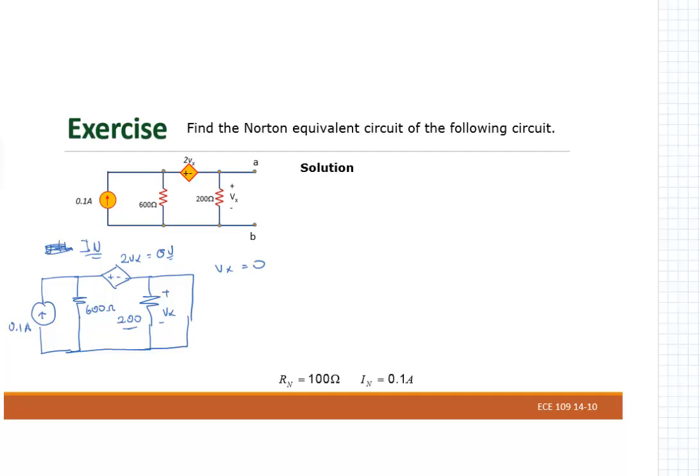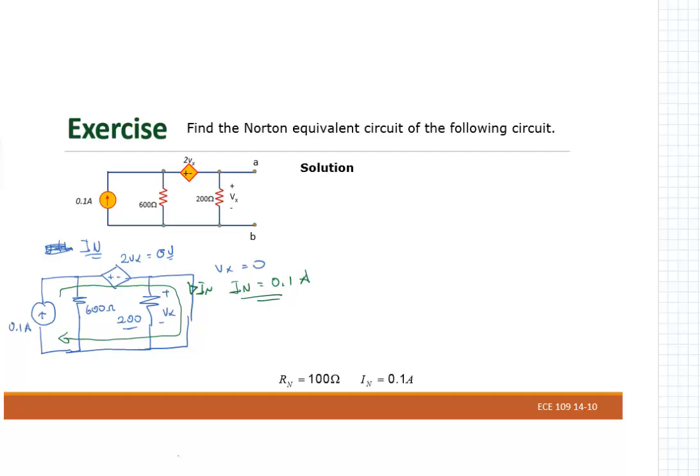This current will go right through the short, and will not go over the 200 or 600 ohm resistors. So I can say that IN will be equal to 0.1 ampere, directly equal to the source.